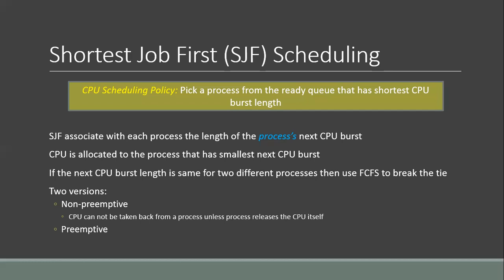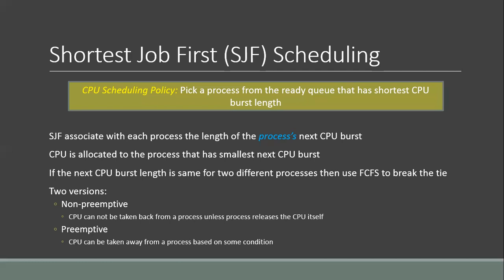The second variant of the shortest job first algorithm is preemptive variant. In preemptive variant, CPU can be taken away from a process based on some condition. This means if a process is running on the CPU, we can take the CPU back from this process based on some condition.